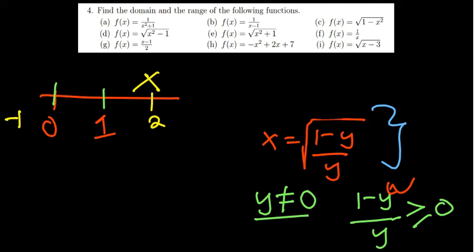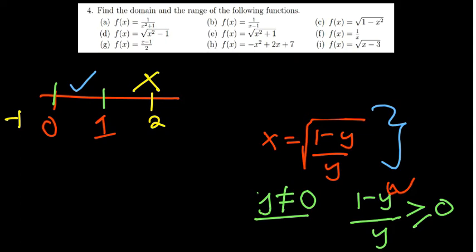But if you try to look at the value between 0 and 1, let's say 0.5. 1 minus 0.5 over 0.5, the numerator will be positive, and then the denominator is also positive. So we can say somehow the middle part is agreeing to that idea.